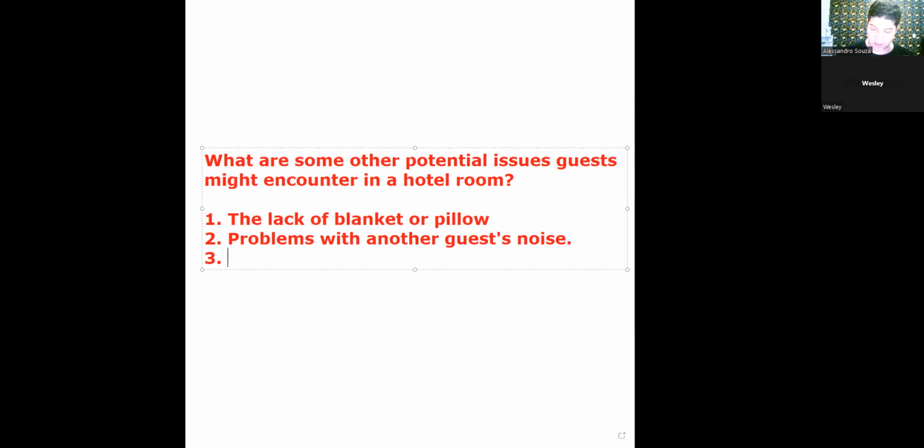Or maybe, I don't know, issues with cleanliness. Às vezes é chato, né? Às vezes você chega, o quarto tá sujo, né? Aí é osso. Problems with cleanliness.